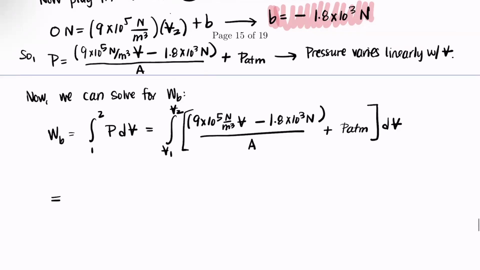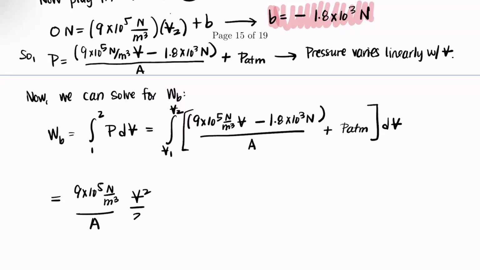So what we get is we have 9 times 10 to the 5th newtons per meter cubed, divided by A. And then what do we get when we integrate volume? V dV. V squared over 2, right? Okay.